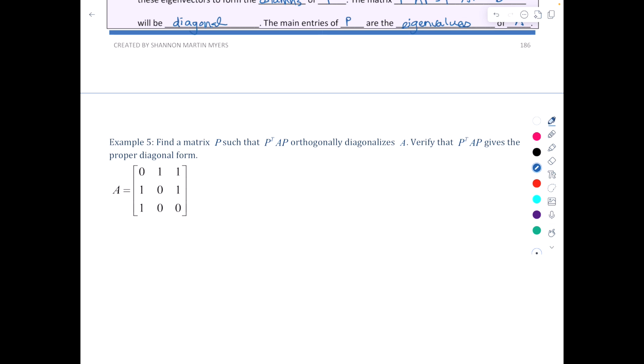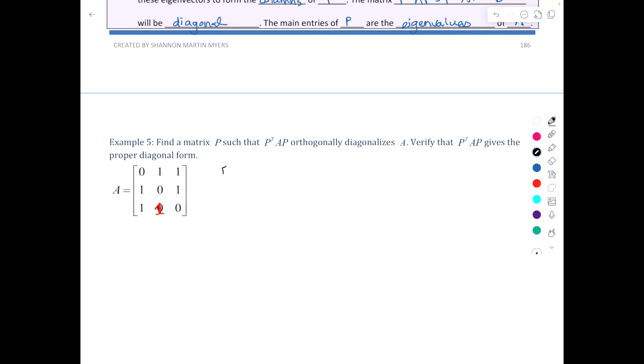Okay, so example 5, which is our last example, we will orthogonally diagonalize A. We'll find the matrix P, which will orthogonally diagonalize. Now this is the one where I made the mistake. So the 0 in the third row, second column should not be 0. It should be a 1. Otherwise, it doesn't work very well.